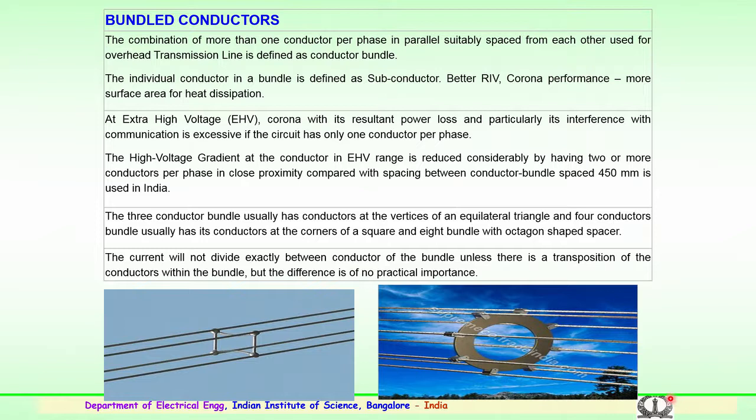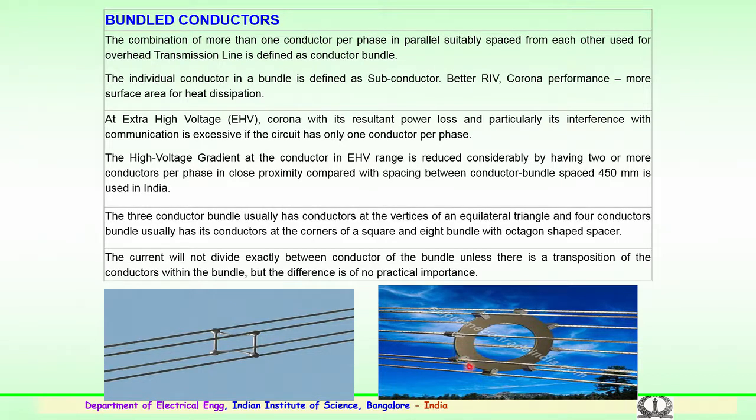If there are 3 conductors in a bundle, usually the conductors are at the vertices of an equilateral triangle, and the 4 conductor bundle has its conductors at the corners as shown here, 1, 2, 3, 4, similar to a square arrangement with a 450 mm gap between each conductor. It happens also with more conductors.